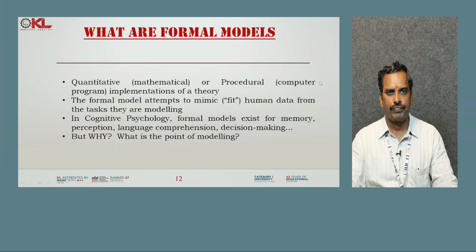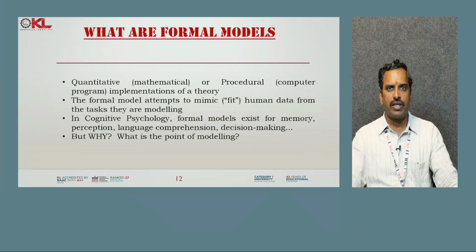Quantitative, which is also called mathematical, or procedural, which is also a computer program. Procedures means we have to write procedures in the form of queries or in the form of instructions. It is a program; in computer terminology it is called a program. Quantitative means it happens with the help of mathematical equation substitutions.